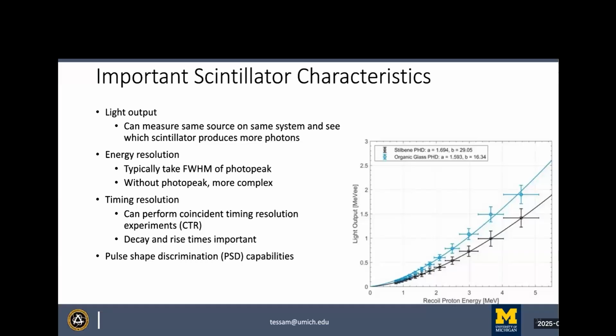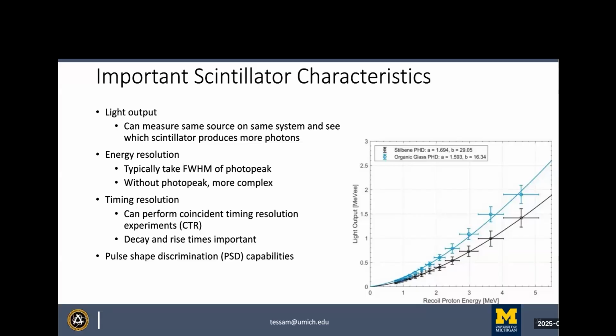On the bottom right, you can see a plot of light output in MeVee versus the recoil proton energy for, I imagine, neutrons detected on Stilbene versus organic glass. And you can see that the organic glass is actually doing a bit better in terms of light output. So that's great news for us.